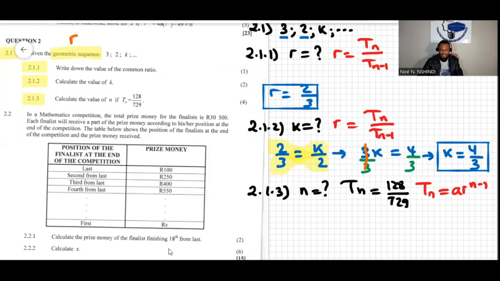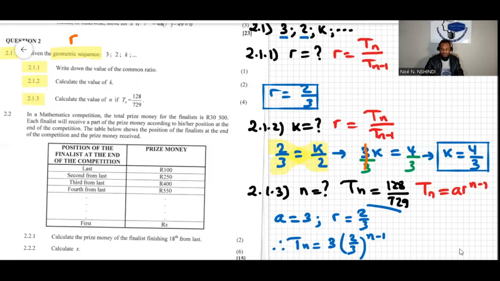So over here, A is equal to 3, the first term, and R will be the constant ratio, which is 2 over 3. Therefore, Tn will be given by 3 times 2 over 3 all to the power of n minus 1. And Tn is also given by what we see there.